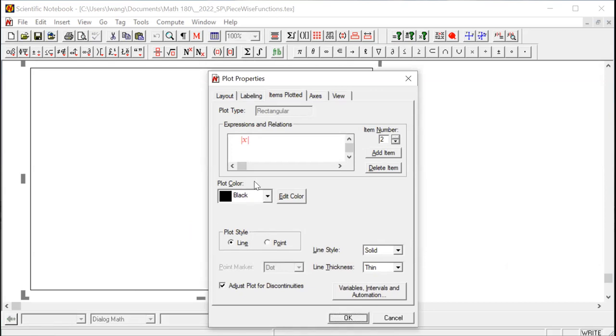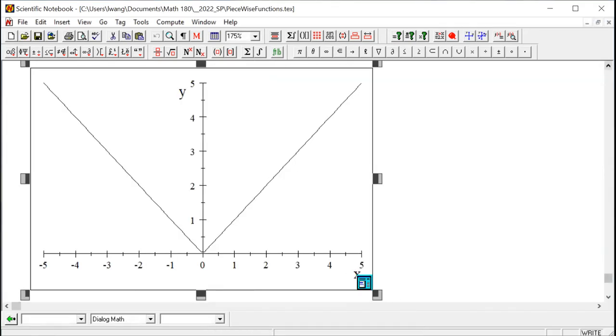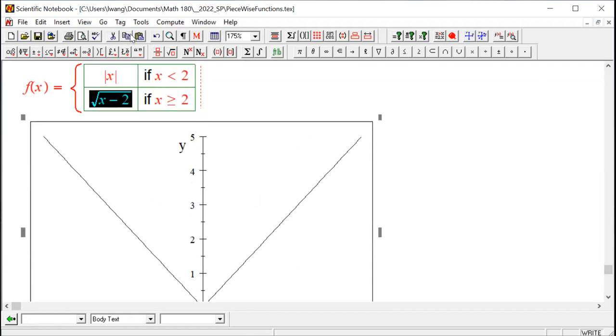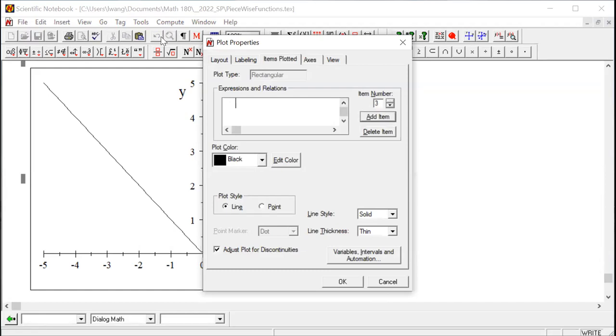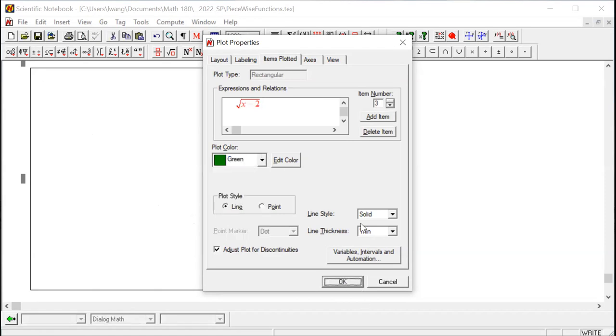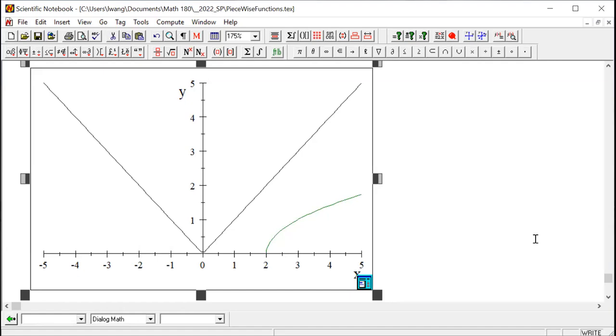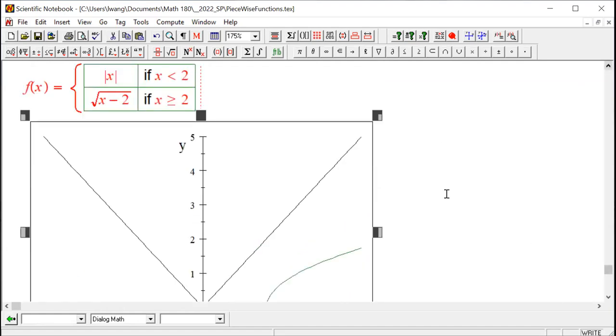Boom, we got it. And the other piece is the square root of x minus 2. There, I can even use a different color. Doesn't matter. And so they present this solution.